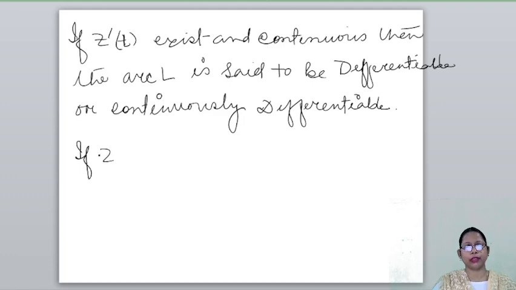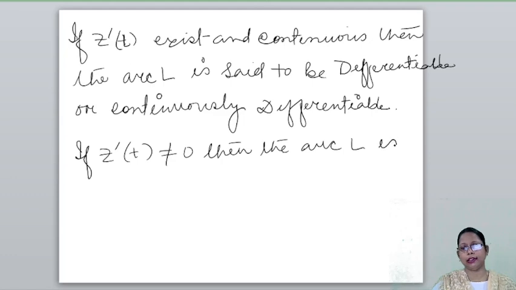If z'(t) is not equal to 0, then the arc L is said to be smooth or a regular arc.